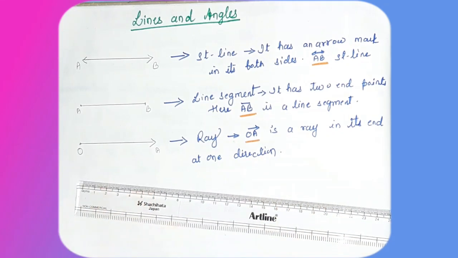Like this, these types of lines you can see in your day-to-day life in so many places. Which are those? Line segment and ray. This is what it is all about the different kinds of lines.